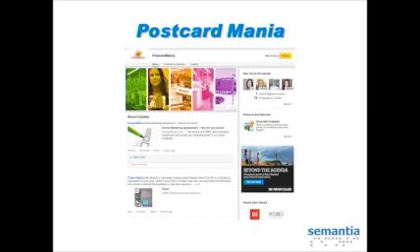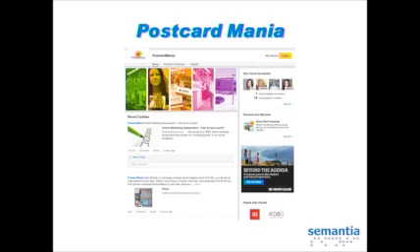So with Postcard Mania, they used what we call an educational strategy on LinkedIn. Their intention was to increase awareness of their business. And they wanted to grow their prospect database and encourage people to use their service. So this is how they did it. Their marketing sales BDM person, so think of this as a smaller business where there's one person who's responsible for marketing, sales, and business development, decided that they would join a number of the LinkedIn groups.